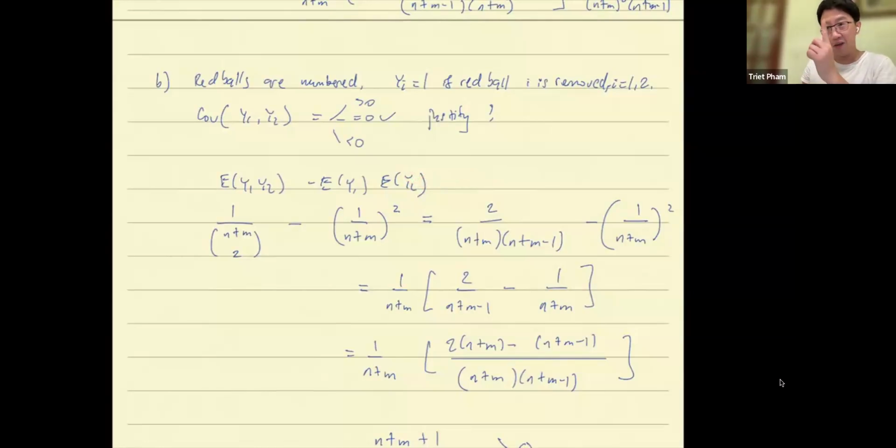Then there's still the second red ball remaining, but the sample size removed is smaller, because you have removed one ball. So in that sense, I think if the first red ball is there, then it increases the chance of the second red ball being picked.